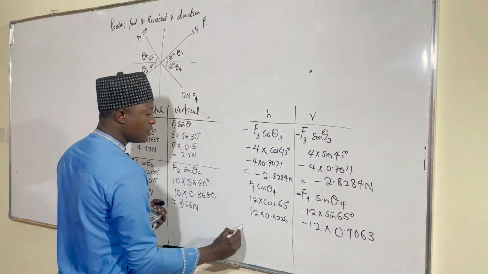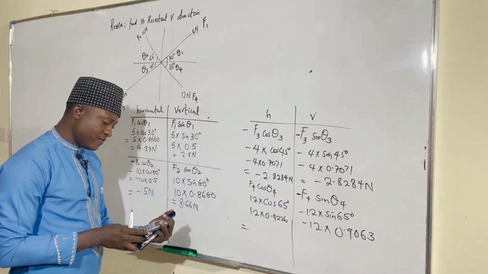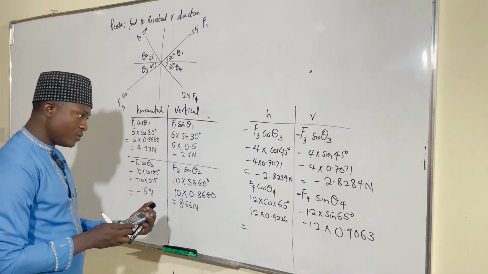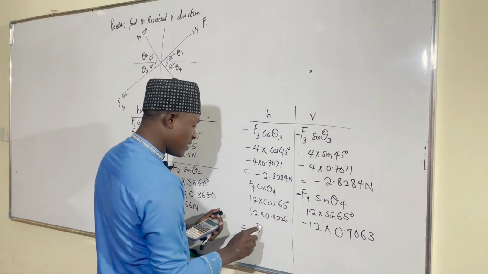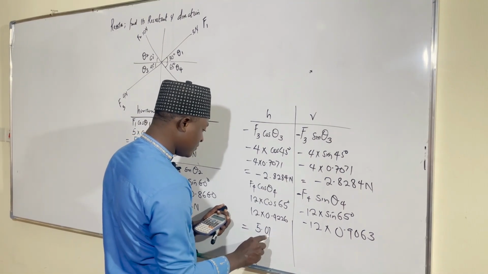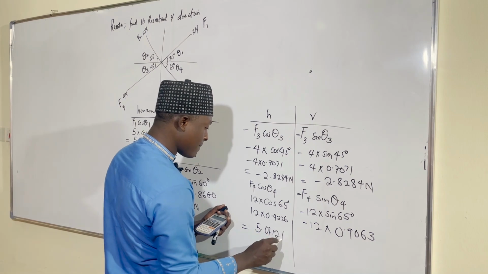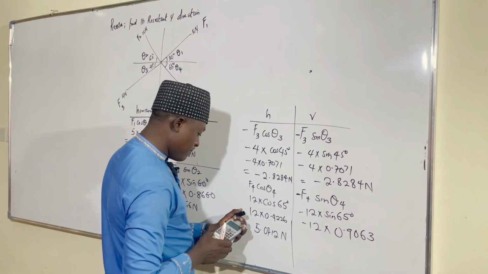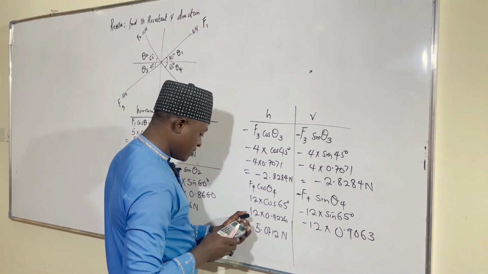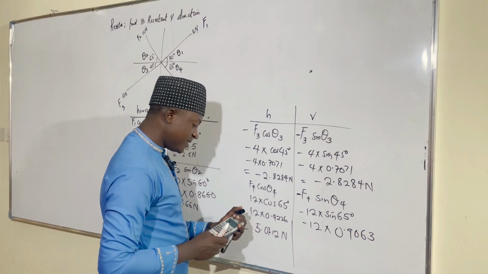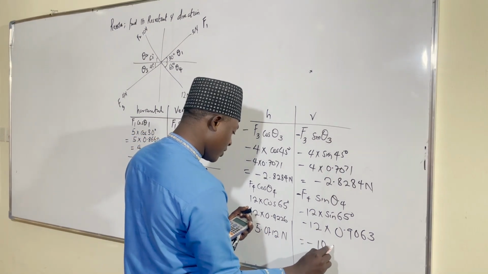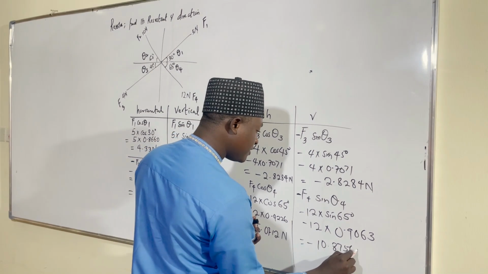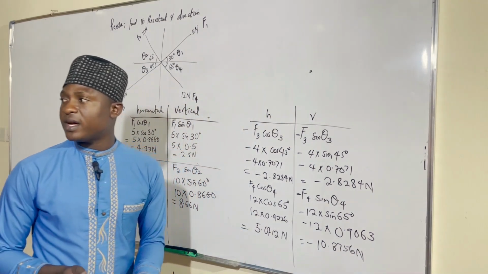So now, if I multiply this one together, 12 multiplied by 0.4226, what I get here is 5.0712. Then for the second part, minus 12 multiplied by 0.9063. So if I do that, what I have is a minus 10.8756 Newton.